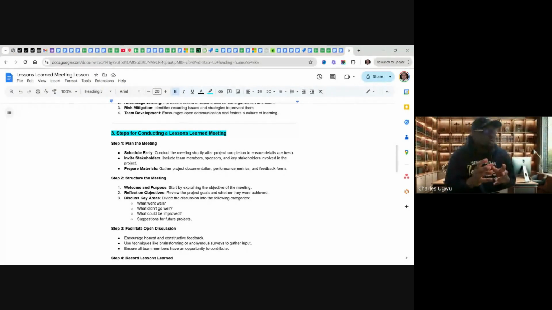Did we go closer to the success factors or success metrics? These are things. So then the key areas for discussion should be on the following categories: what went well, what didn't go well, what could be improved, suggestions for future projects.